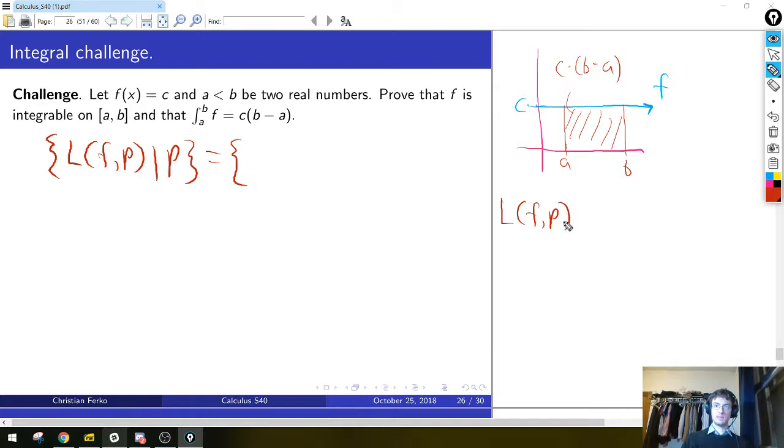Let P be any partition, any collection of points t sub i. So what's this going to be? It's going to be the infimum of the function on the first subinterval, from t0 up to t1. But what is the infimum of the function on this interval?